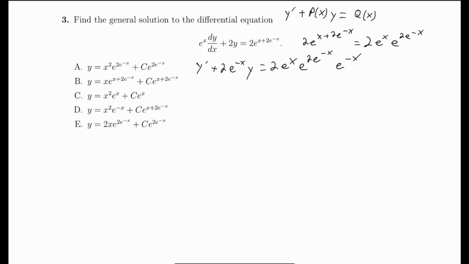Now you can pretty clearly see that cancels with that. So our final linear differential equation is y prime plus 2e^(-x) y equals 2e^(2e^(-x)).